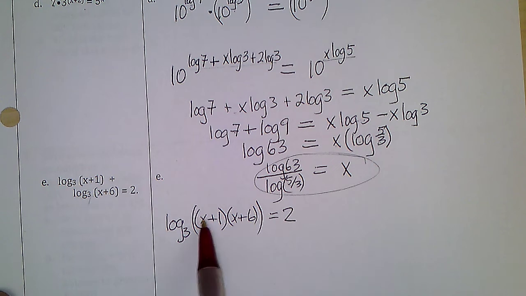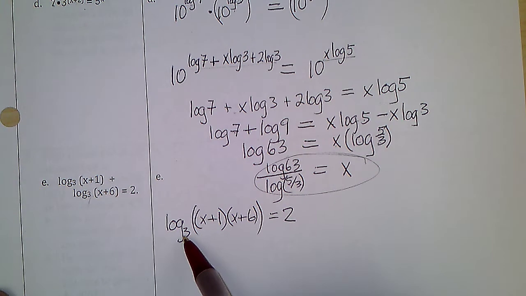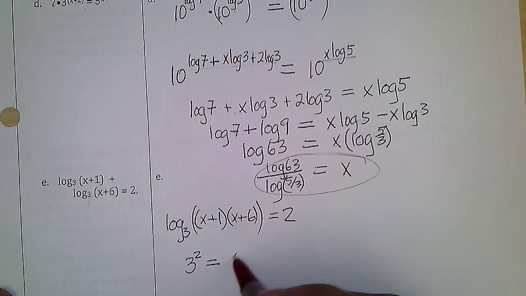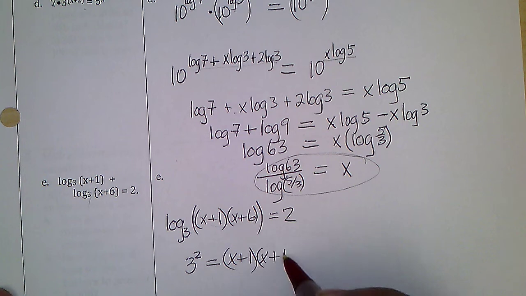So now I have my unknown in here, and when it's in here, we can write this as a power equation. 3 to the 2 equals all of this. 3 squared equals x plus 1 times x plus 6.